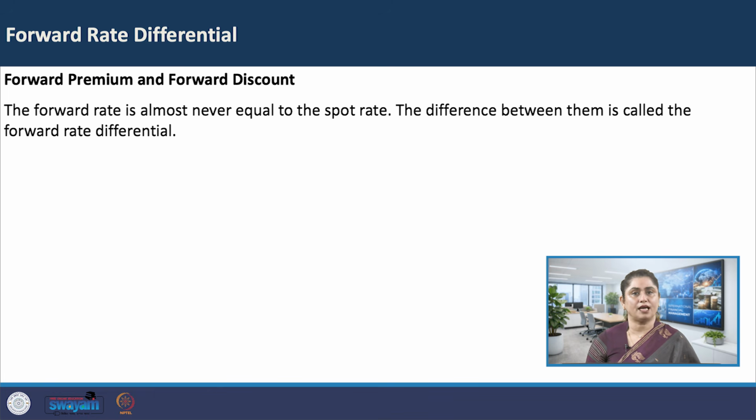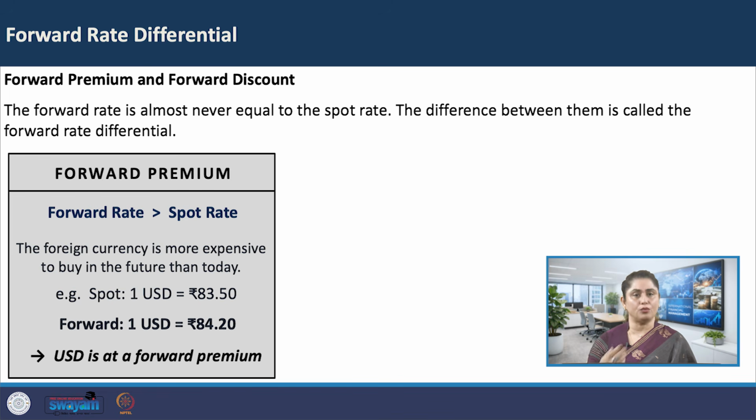Now let us understand what is forward rate differential. Forward rate differential can be forward premium or forward discount. Now since we know what is spot rate and forward rate, we can also talk about the relationship between them. The forward rate is almost never exactly equal to the spot rate. It is either higher or lower, and this difference is called the forward rate differential.